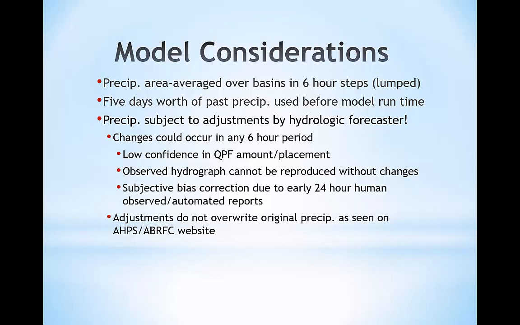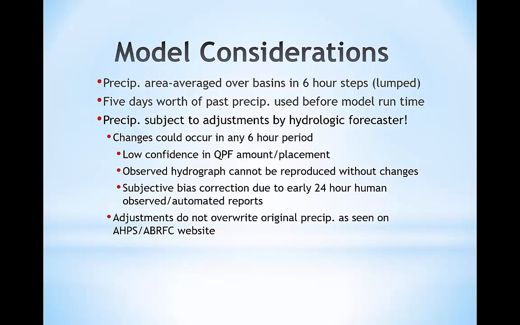Also note that 5 full days of past precipitation are used by each model run, but most importantly, note that the actual area averaged precipitation used for either QPE or QPF in any 6-hour increment can be adjusted by the hydrologic forecaster. This adjustment may occur for several reasons.